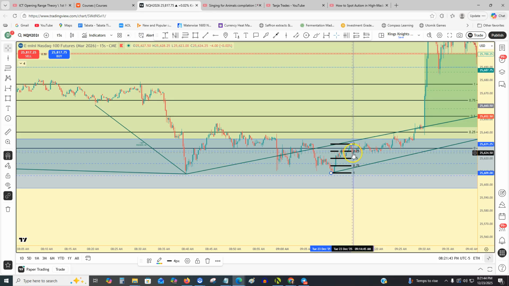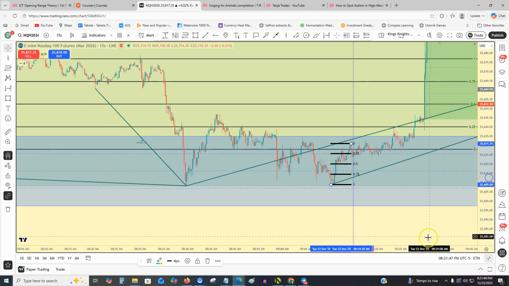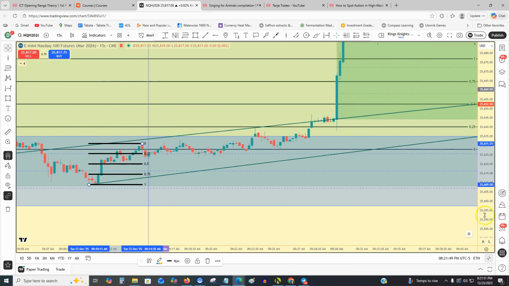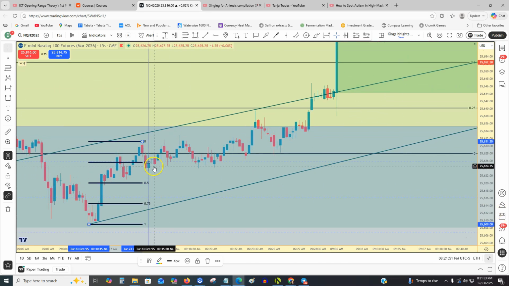So price opened here, and right there you've got a close. Let's see, where's that close at? Looks like it did it. Okay, so the close is 27.75, and the high is 27.75.